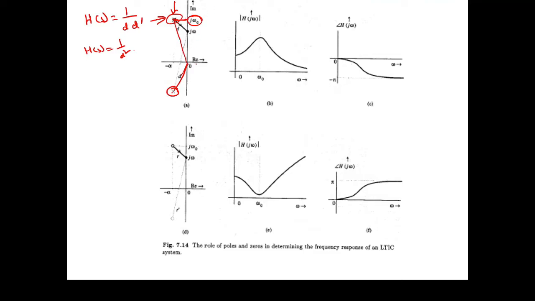So as we go towards this frequency, this d dash value gets larger and larger, and its contribution to Hs is minimum.